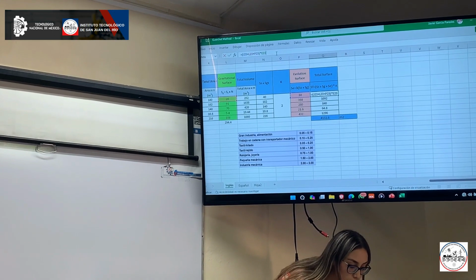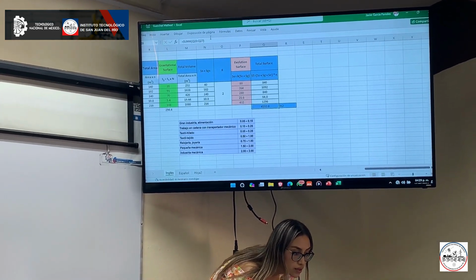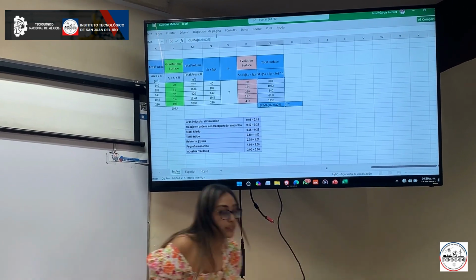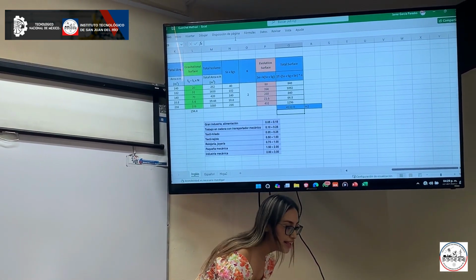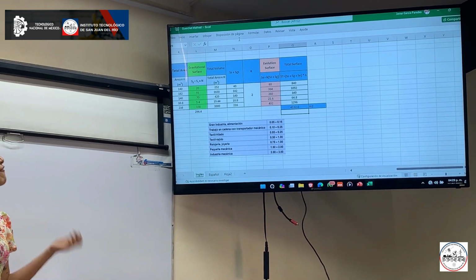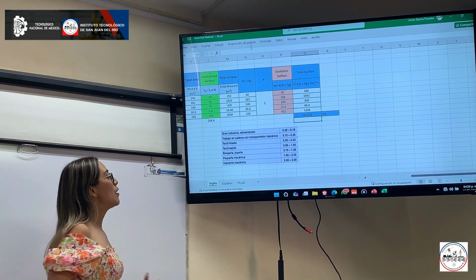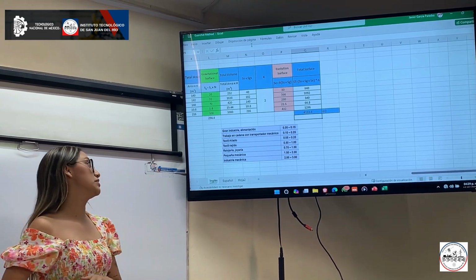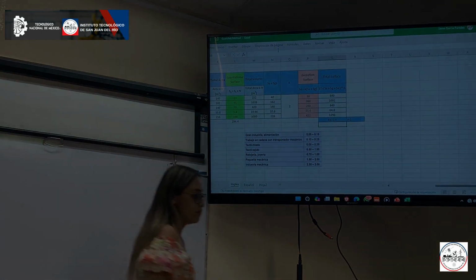After that, the total surface is 4,132.8 square meters.